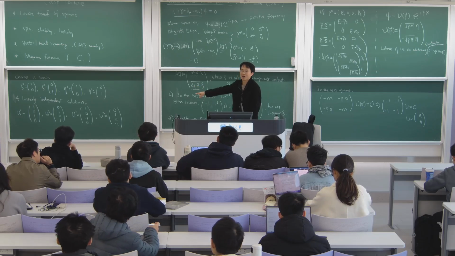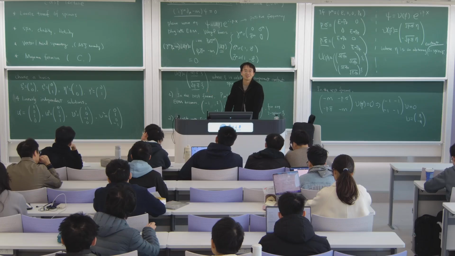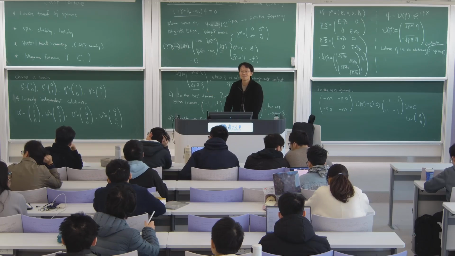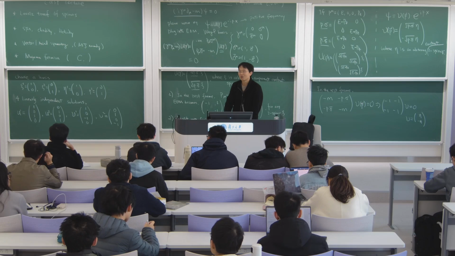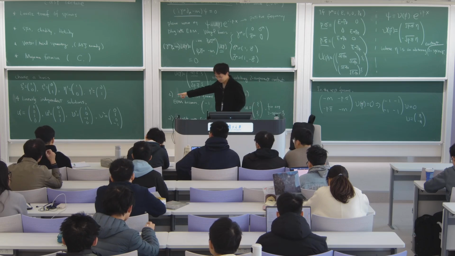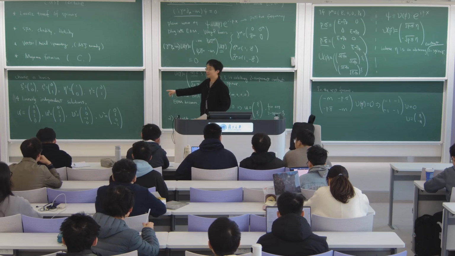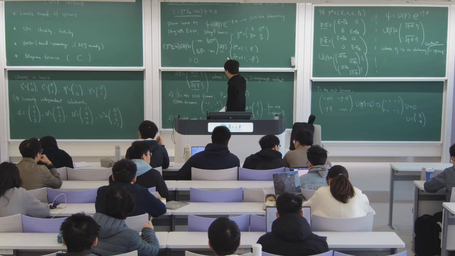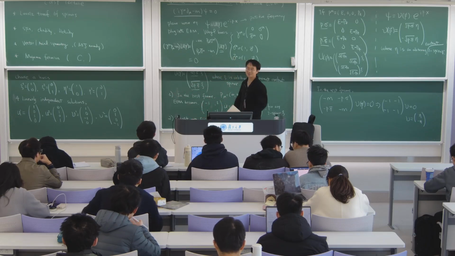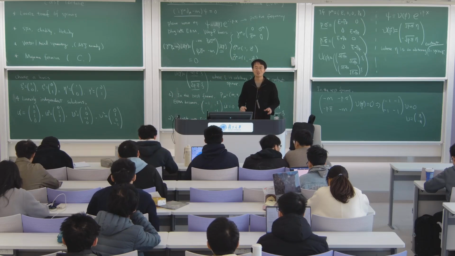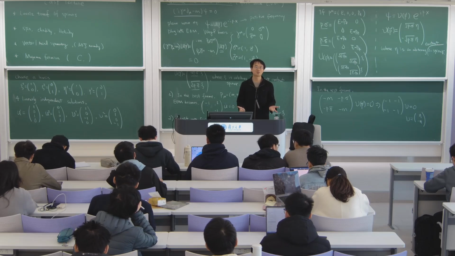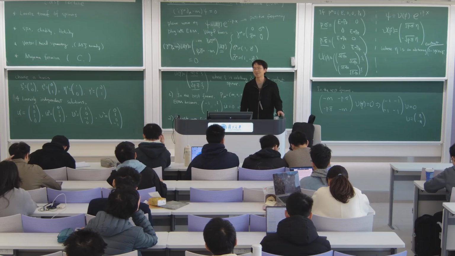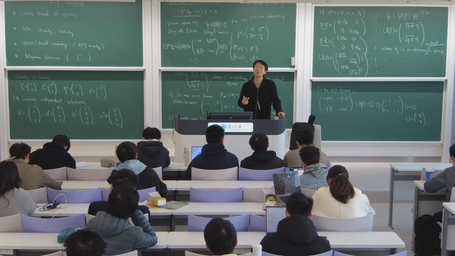Because this is the solution we also get when we solve the equation of motion, right? Well, you might complain that this solution seems easy to find just in the rest frame. That's true, because if you only want to count the degrees of freedom, it doesn't matter which frame you work in. In any frame, the degrees of freedom should be the same.